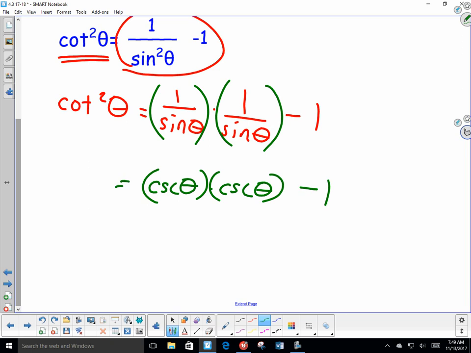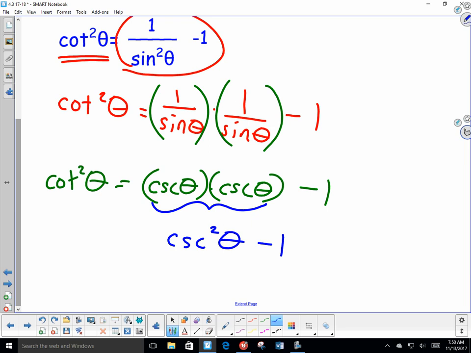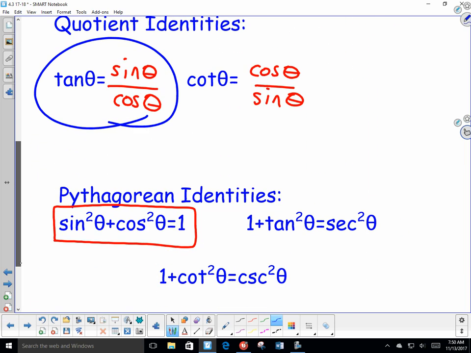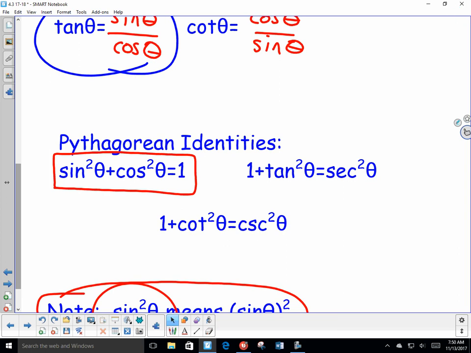minus 1. And again, I'm trying to show that this is equal to cotangent squared theta. Well, cosecant theta times cosecant theta could be written cosecant squared theta minus 1. Right? And is that one of our identities? I don't think so, but let's go back here to our identities for a minute. It looks awfully close to this one right here.